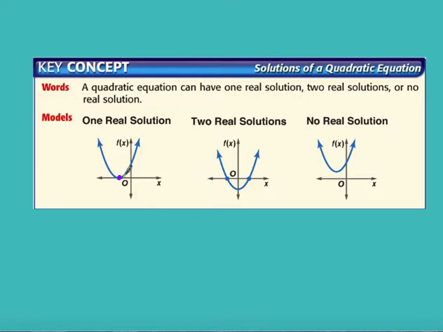However, if the parabola intersects the axis in 2 places, whether because the parabola opened up, or the parabola could also be opening down and crossing in 2 places, we could have up to 2 real solutions.